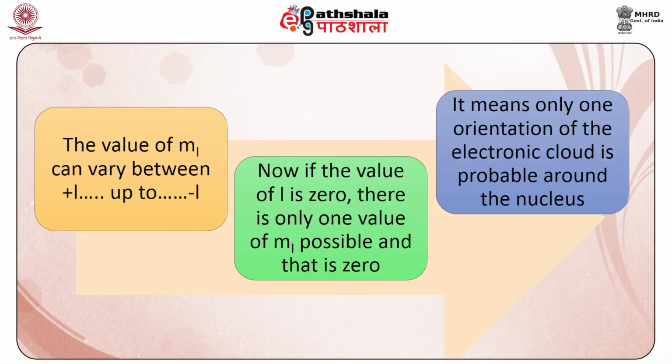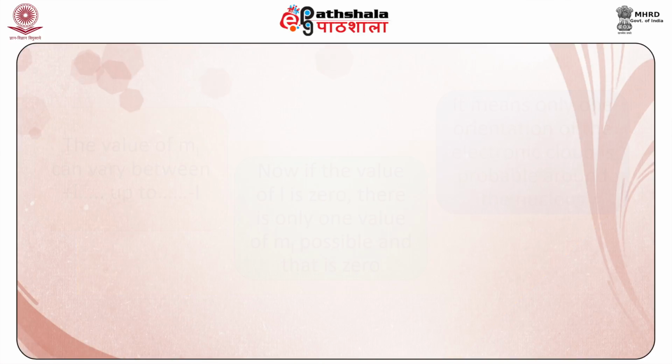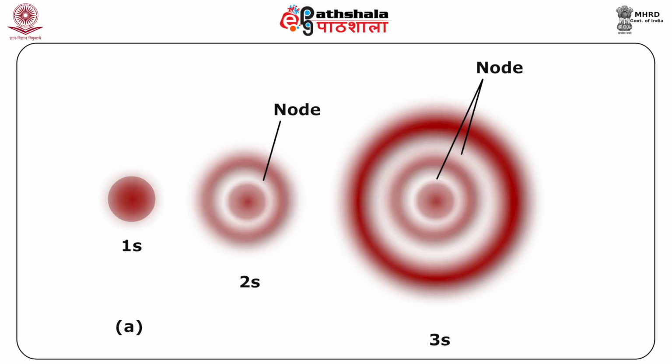Now, if the value of l is 0, there is only one value of ml possible, and that will be 0. It means only one orientation of the electronic cloud is probable around the nucleus. This can also be verified since the shape of an s orbital is a sphere, and no matter which way we turn it, it will still be a sphere.